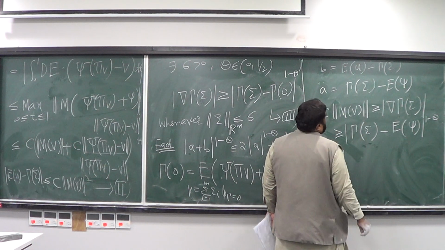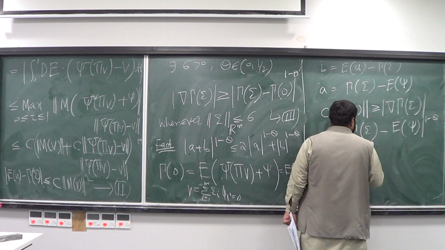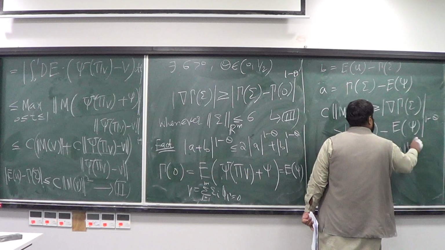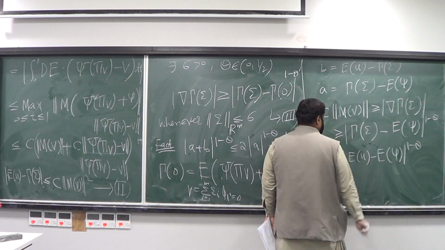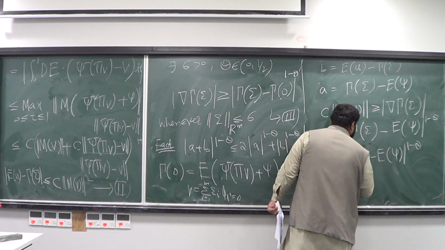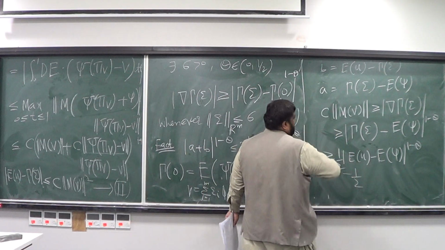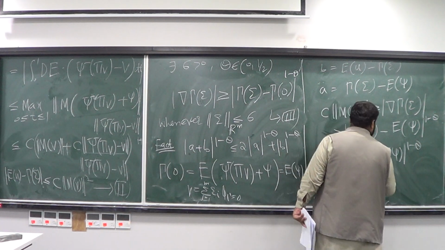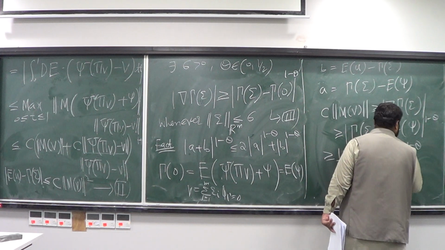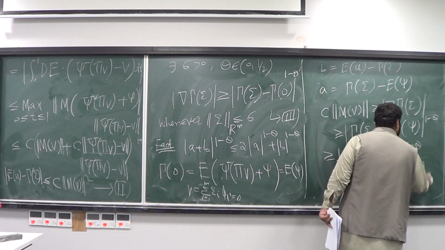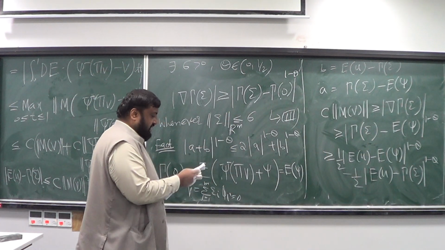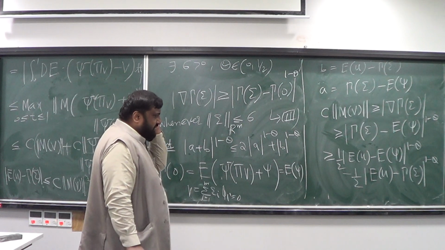The sum is going to be E of u minus E of ψ to the power 1 minus θ. So this is 1/2 of (a plus b) minus 1/2 of b, where b is E of u minus Γ of ξ to the power 1 minus θ. So this is what really is going to be the case.